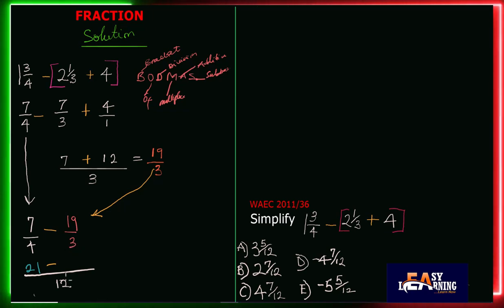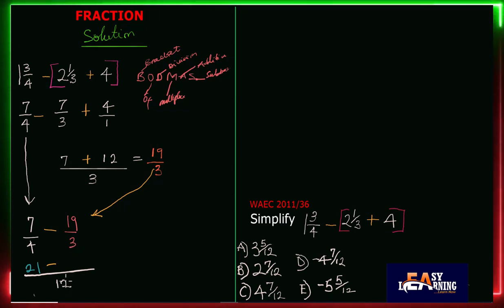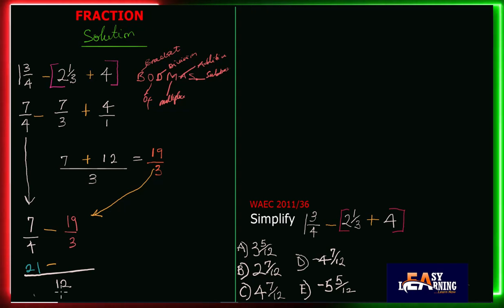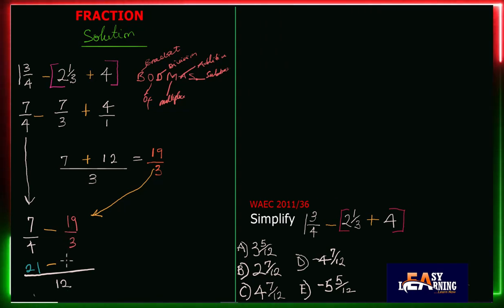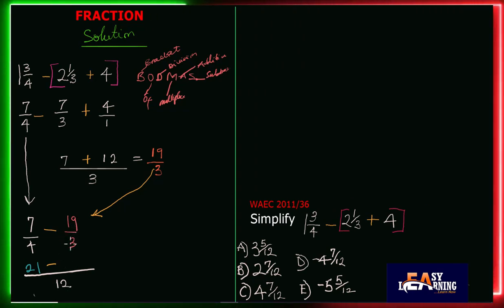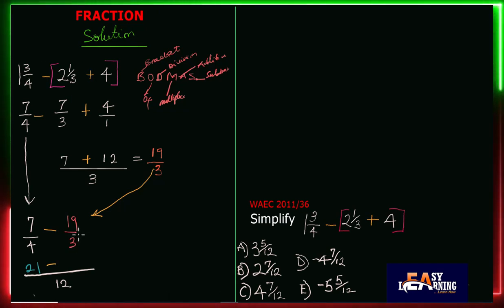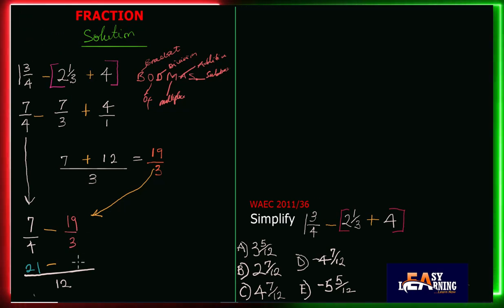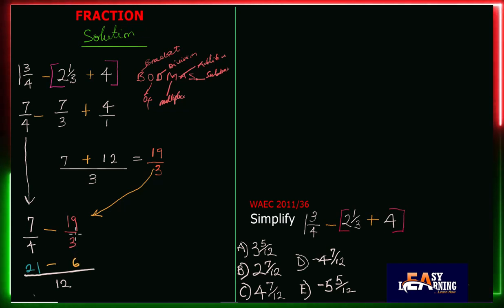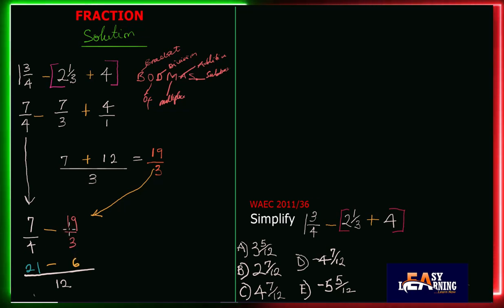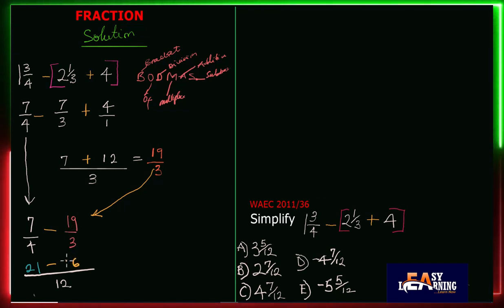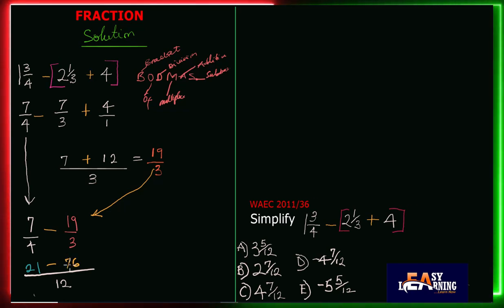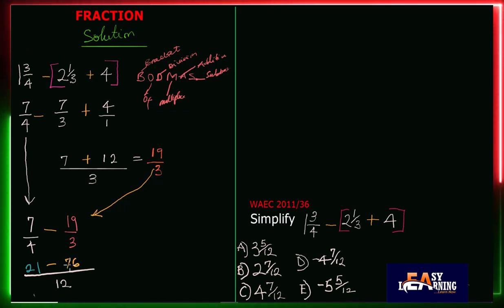Then 3 comes into 12 how many times? 4 times. Now 4 times 19: 4 times 9 here is 36, carry 3. 4 times 1 is 4, plus that 3 is 7. So here is 76.